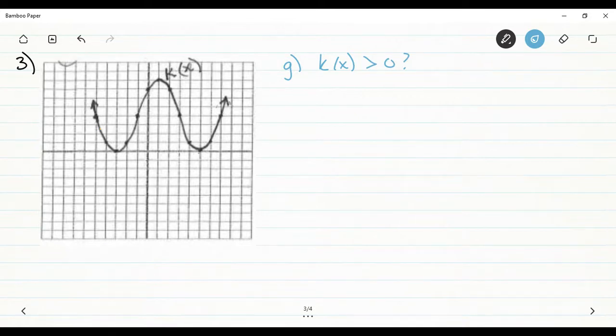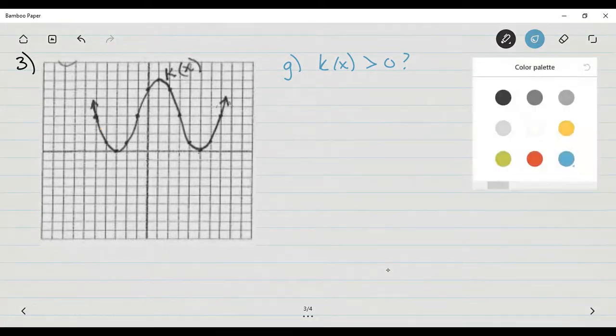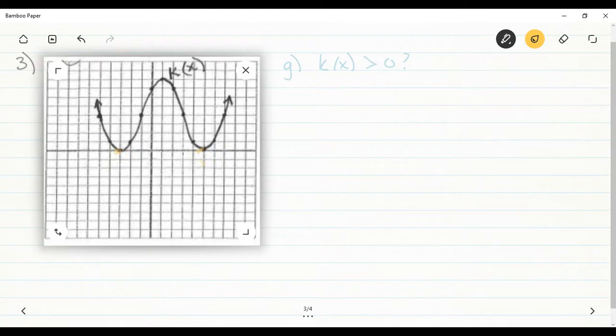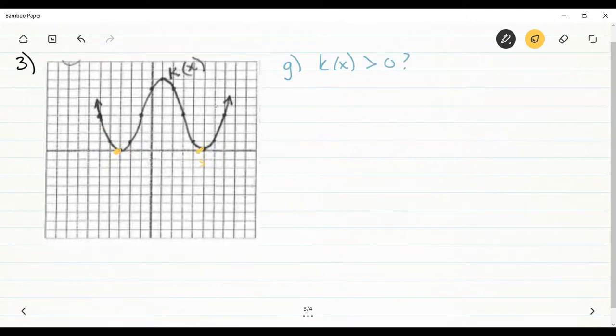Looking at our picture, everything seems to be above the x-axis, except for two particular points. At this point here and this point here, which is 5 and -3, those two particular points are where it's actually equal to 0. So we don't want that as part of our value greater than.